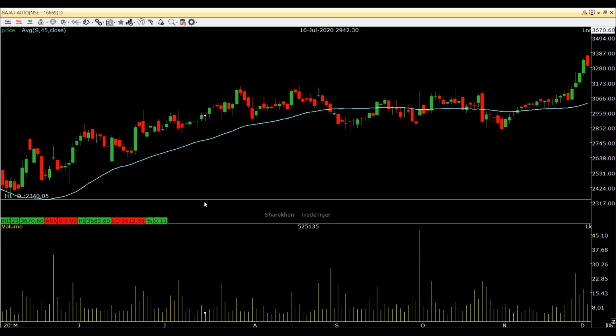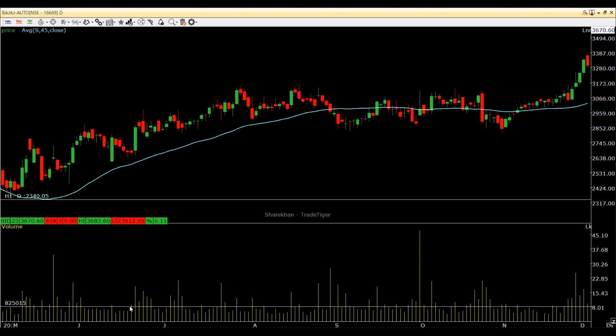So now the first and foremost thing is, you see this line is approximately the average volume of Bajaj Auto. Somewhere it will be somewhere here.